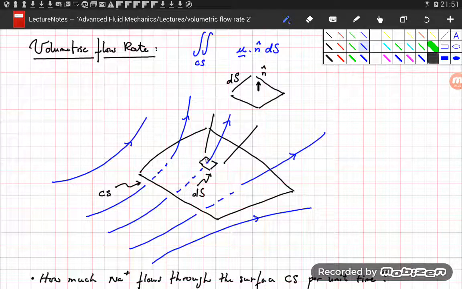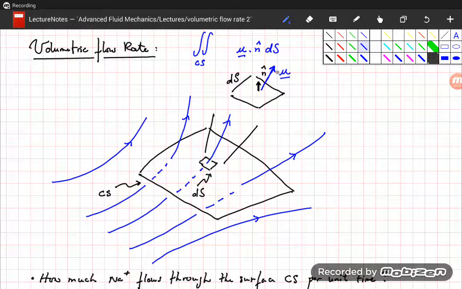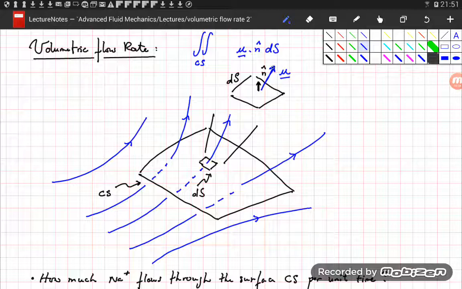Over the small surface dS, we can assume that the velocity field is relatively constant because dS is really small. And therefore, we can think of all of the fluid particles as moving at the same velocity, which will be u. Now, this velocity vector u here is the flow velocity vector at this particular point on the surface, so on this element of surface dS.